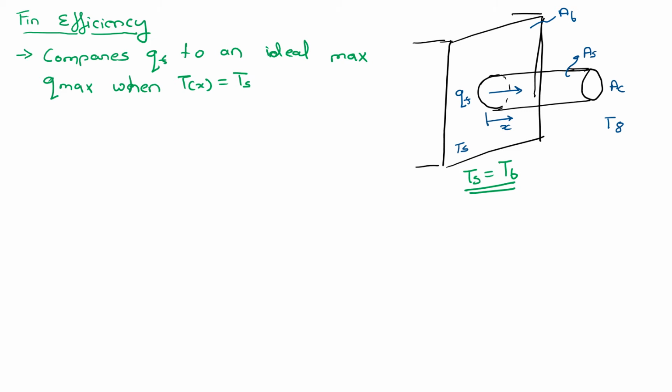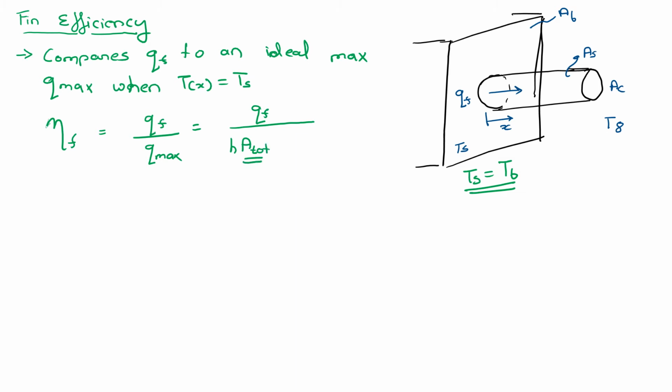So we compare the base fin rate with that ideal case, and in that scenario our efficiency will be QF divided by Q max, which will be QF divided by h into now the area is the total area.